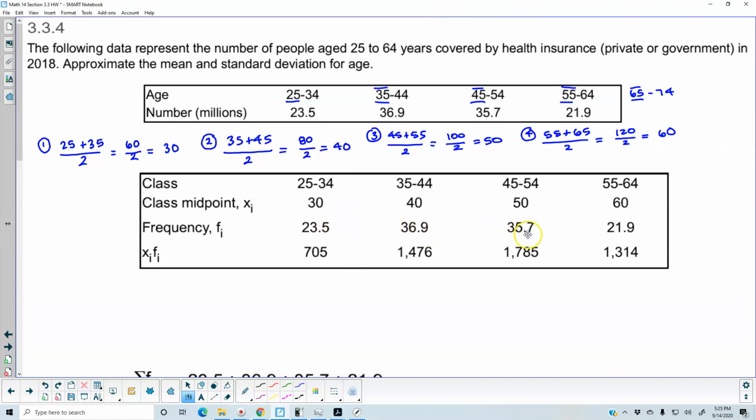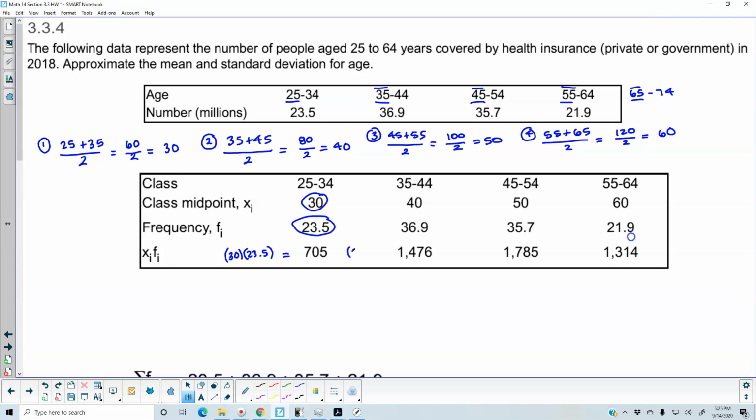36.9, 35.7, and 21.9. Now, in order for us to get 705, we need to take 30 and multiply that by 23.5 to get 705. So we're taking the class midpoint times the frequency.